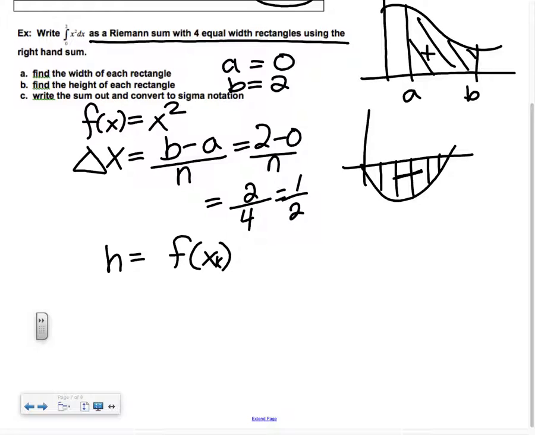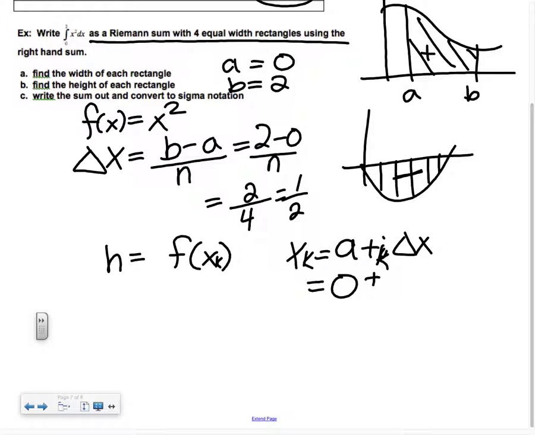And so what you're going to do is your delta x, you're going to start. The problem is, am I doing a left or a right sum? It doesn't say. So if I start at 0, xk would be a plus k times delta x. A is where you start. So in this particular case, it would be 0 plus my summation. I'm sorry, make that a k.